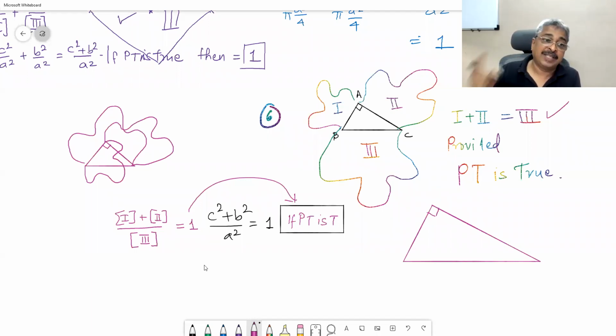So if Pythagoras, then 1. What he is trying to say is, you achieve 1 by some other method, hence the Pythagoras theorem will be proved.